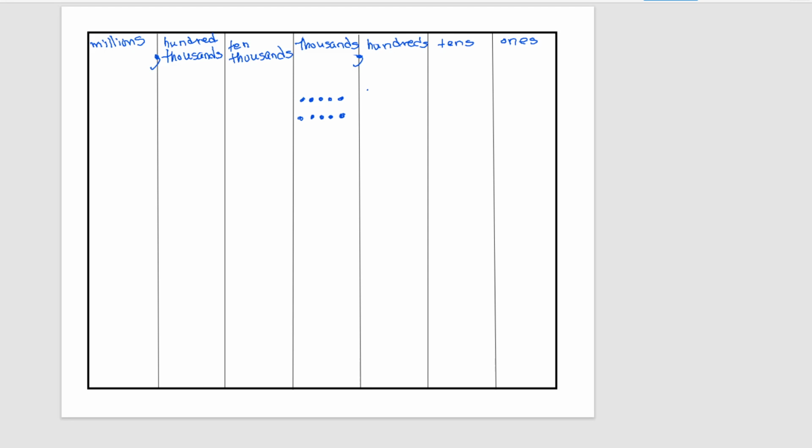So we have 5,000s plus 5,000s equals, now we have a total of 10,000s, which we can group the 2 5s together and make 10 and exchange it for one 10,000.